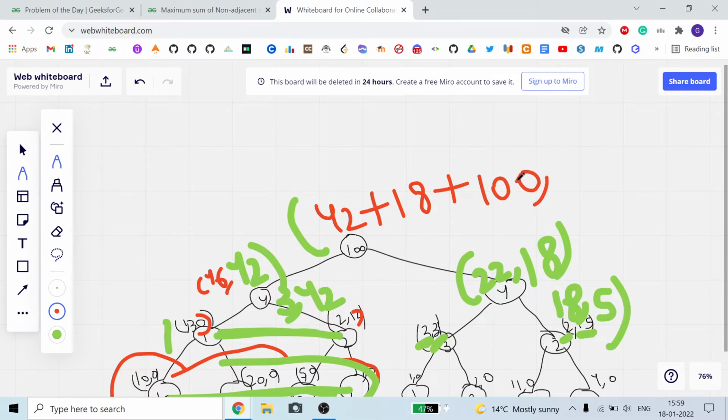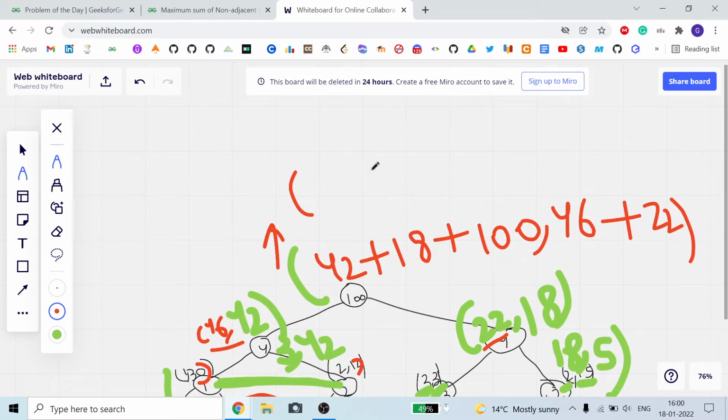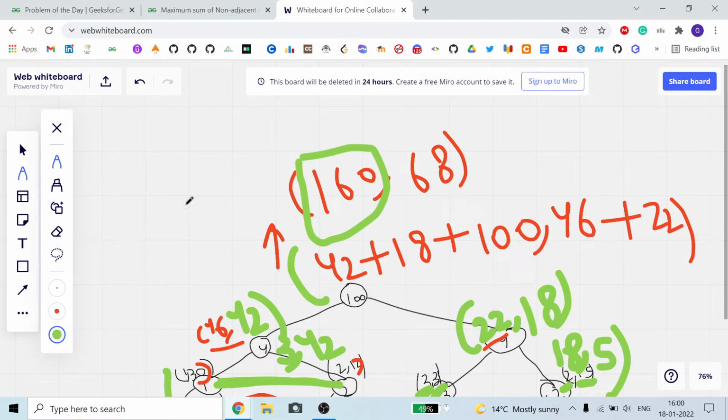And if our 100 is not included, then the sum of these two edges, the answer is equal to 46 plus 22, and it will return it from 100. We will return the sum of this, that is 42 plus 18 plus 100, which is 160, and the sum of these two is 68. So this 160 will be our answer, and we get the maximum sum of 160.